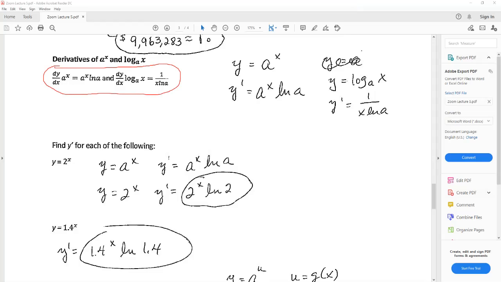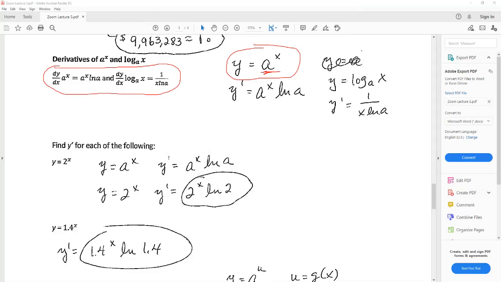What I'm going to ask you to do, though, is to commit to memory, or at least have them handy when you take your tests, the derivative formulas for a to the power of x and log base a of x. If you have a function that says y is equal to a to the power of x, now a represents a number, a constant.